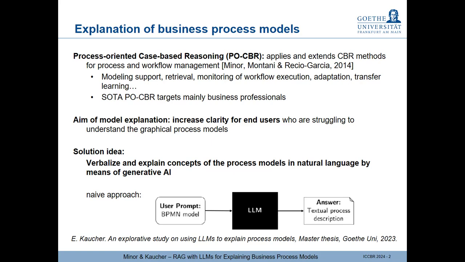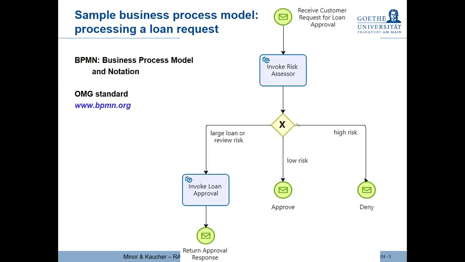BPMN is a modeling language that stands for Business Process Model and Notation. And here is an example of such a model, beginning with a message from a customer who wants a loan request to be processed.